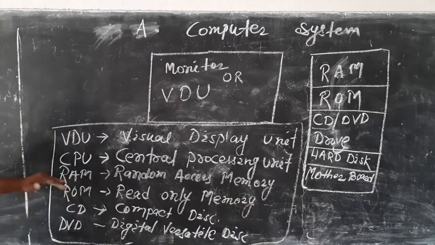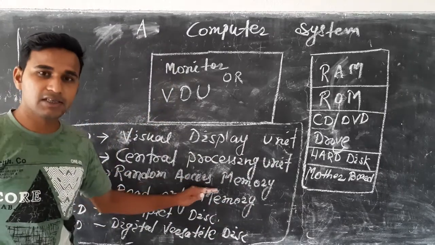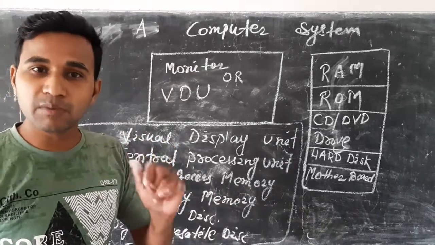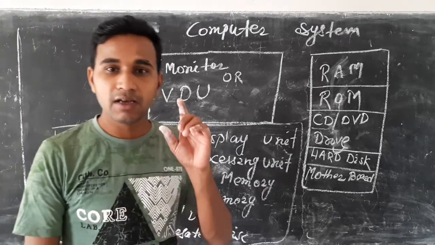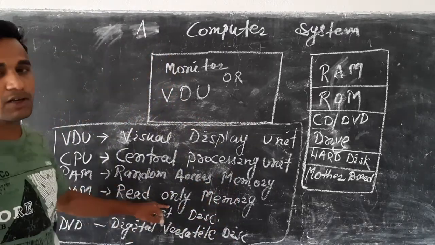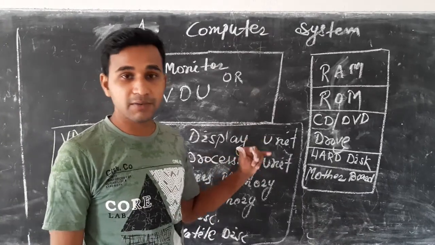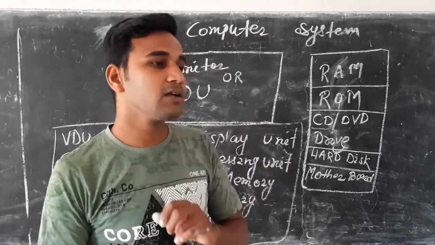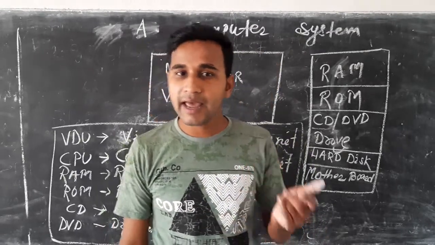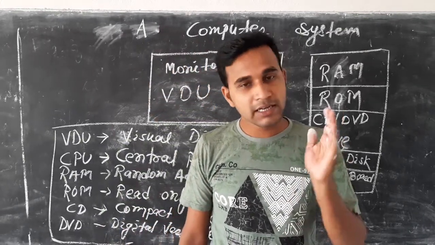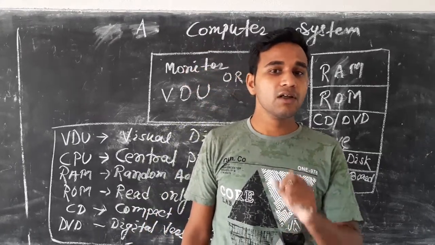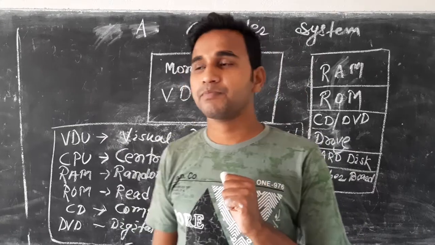Next thing, RAM, random access memory. This is the full form of RAM. Another thing, ROM, read only memory. This is very important. If anyone asks you what the full form of RAM is, you tell them RAM stands for random access memory.